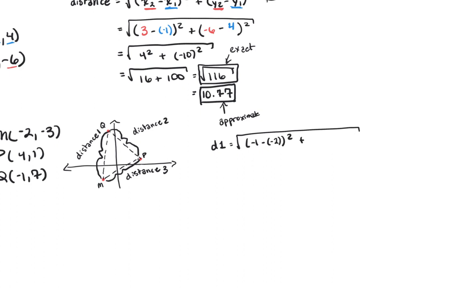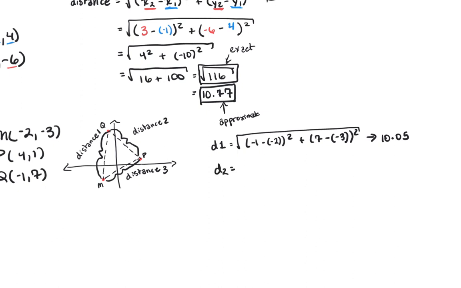And then our differences in y's will be 7 minus a -3. Which will give us, if we plug into the calculator, and I'm going to round it to 2 decimal places, okay, so I got 10.05 roughly. So that's a rough distance, okay?